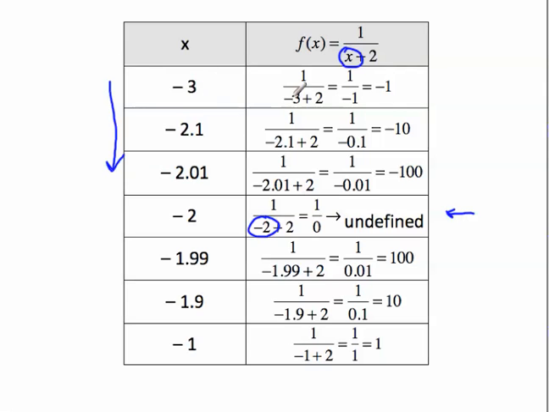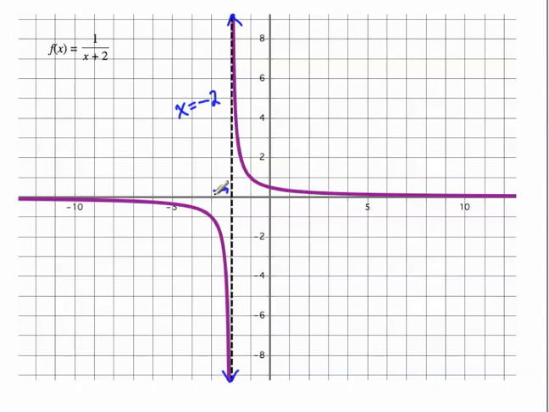What we see is as we plug these values in for x and calculate the y values, they become bigger and bigger negative numbers. What that means on the graph is that as the x values approach negative 2 from this side, the y values get more and more negative, so the graph shoots off in this negative direction.